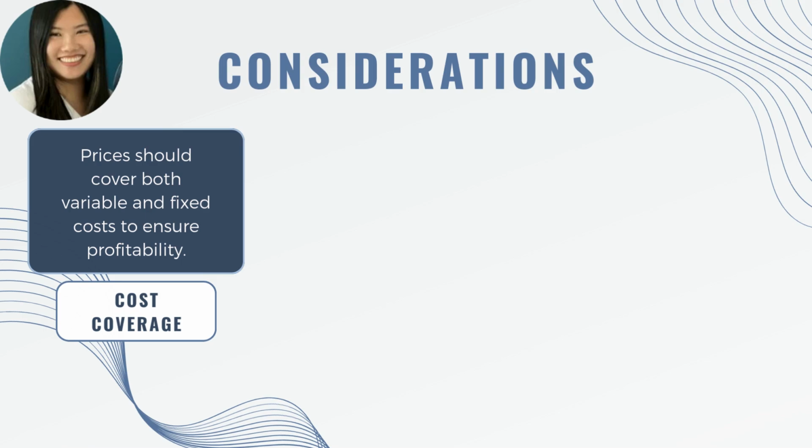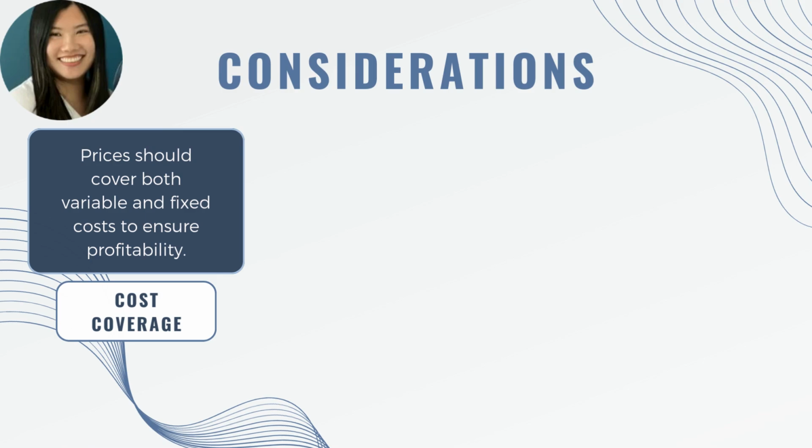To be sustainable, your revenue from sales must exceed the total cost incurred in producing and selling your products or service. For the variable costs, these are the costs that change directly with the level of production, as in raw materials, direct labor, and packaging. Each unit sold contributes to covering these costs.